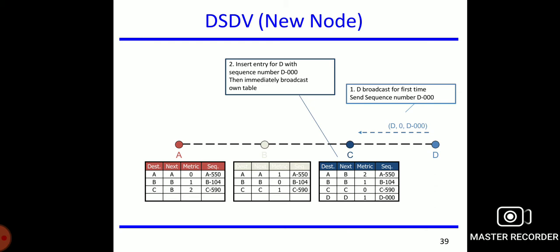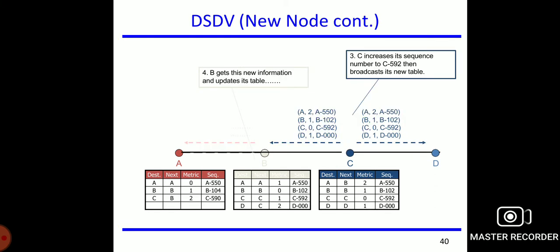And the continuation of the distance sequence. A node can be traveled to C and D. It is a neighbor node of B. B gets the new information and updates its tables, with the information's values of the destination node and the next node, and then the metric 2 or 0 or 1.